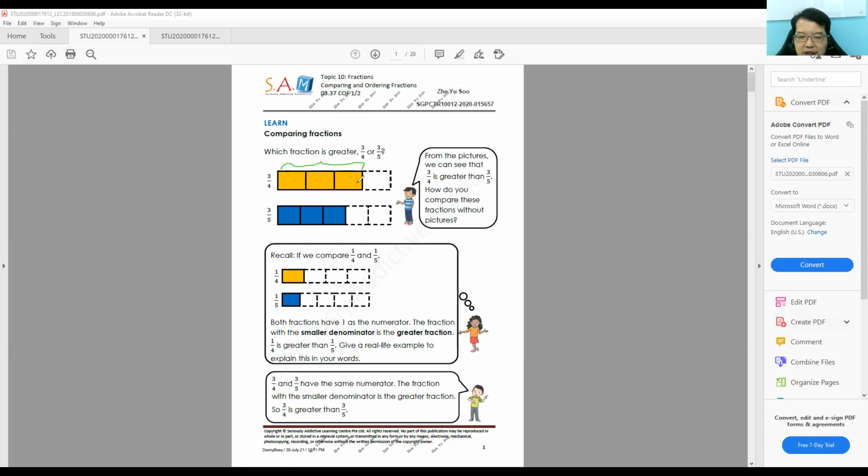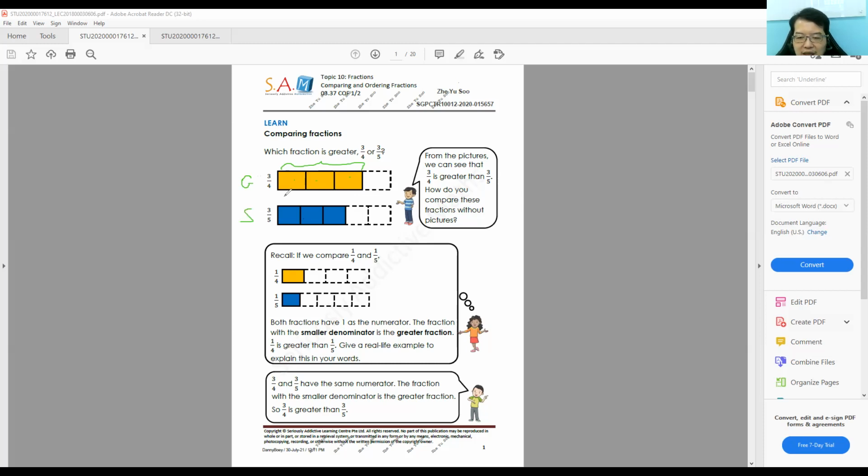For example, the yellow shaded 3 parts here means 3 out of 4, and the blue ones are 3 out of 5. If you compare in terms of size, which is greater? 3/4 is greater and 3/5 is smaller.